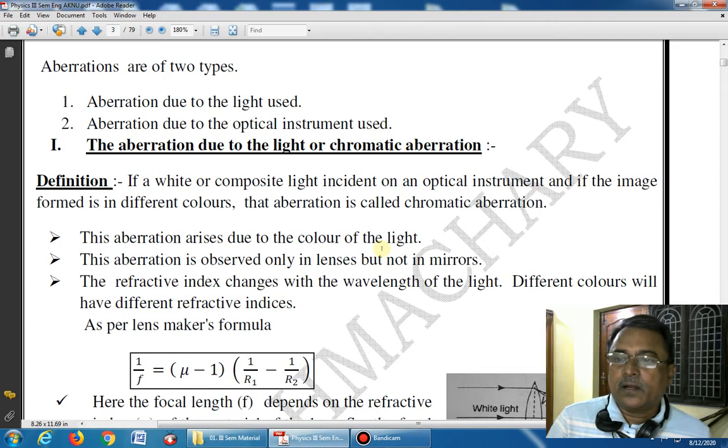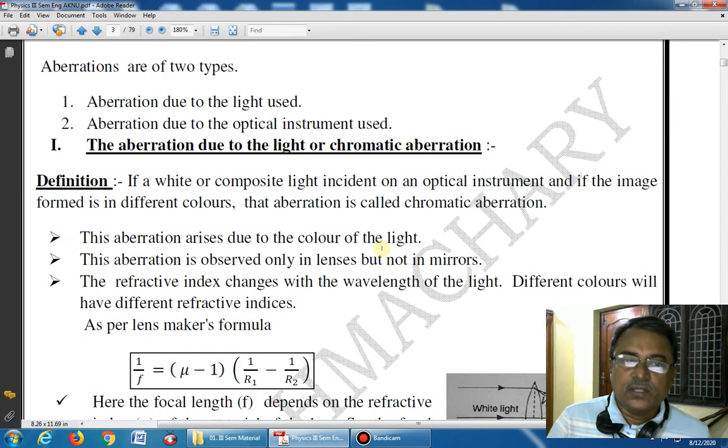When coming to the definition of this chromatic aberration, if a white light or a composite light is incident on an optical instrument, and if the image formed is in different colors, that aberration is called chromatic aberration.